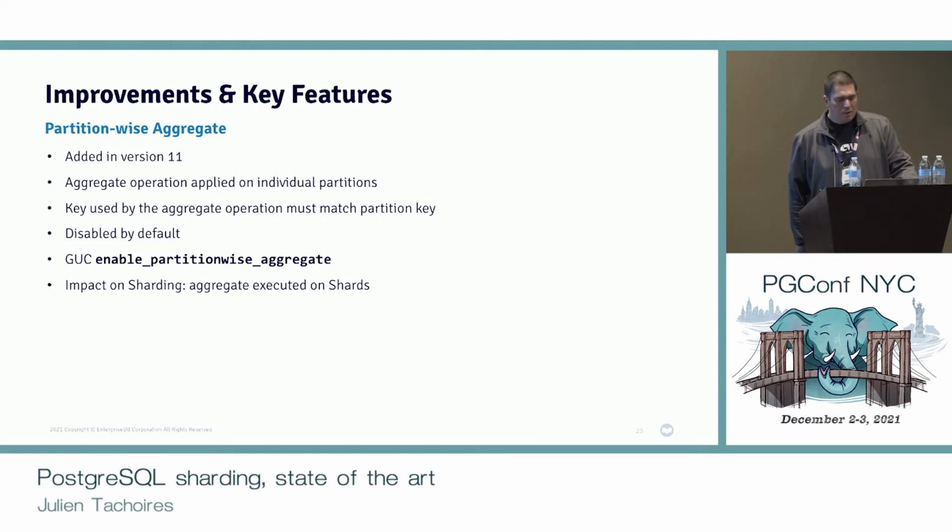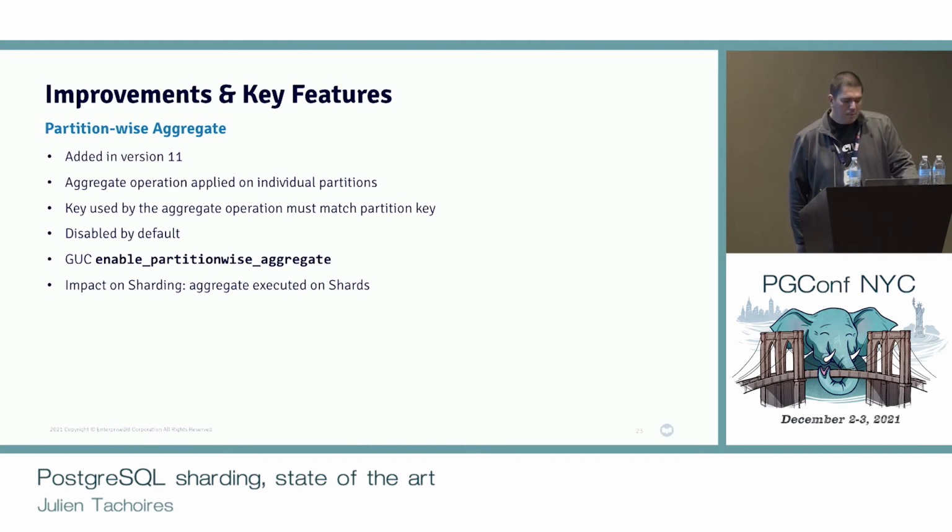Making it happen requires that the key used by the aggregate operation must match the partition key. For example, if you group by a column that is not the partitioning key, partition-wise aggregate cannot be used.